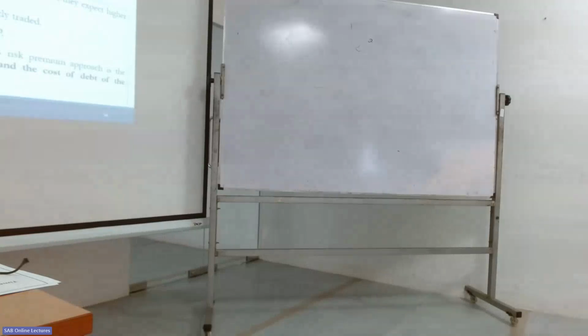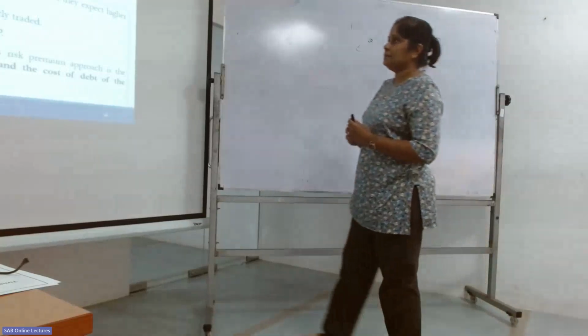So if they are taking high risk, they should have something more than the debt capital providers. That is the logic. On that basis, the equity shareholders' required rate of return should be greater than the required rate of return of the debt capital or the debt holders. So based on that logic, this bond yield plus risk premium method is calculated.